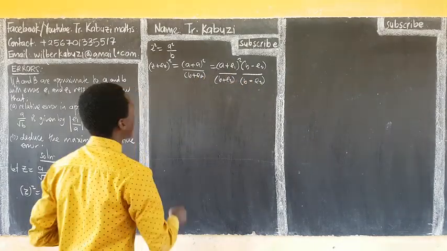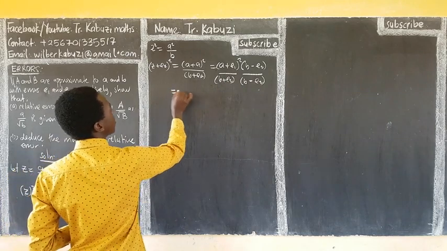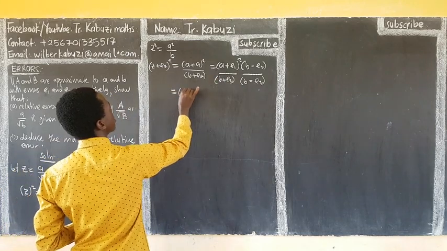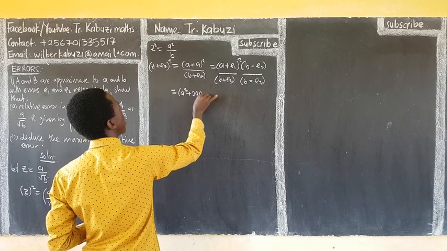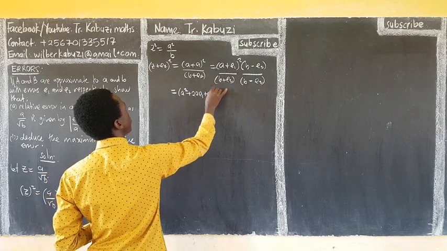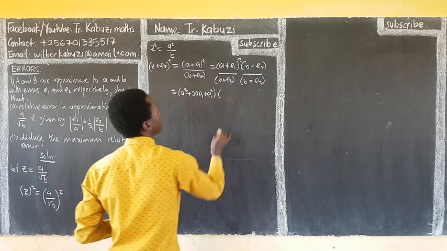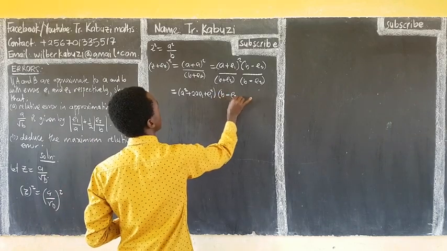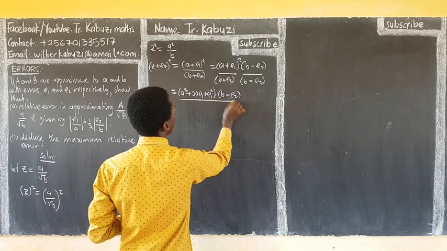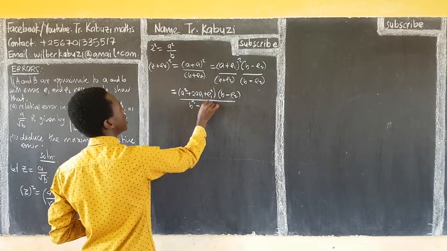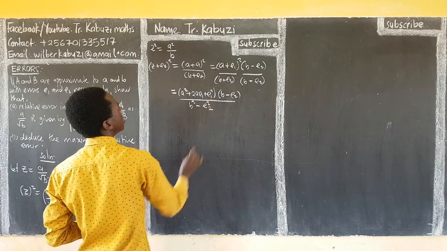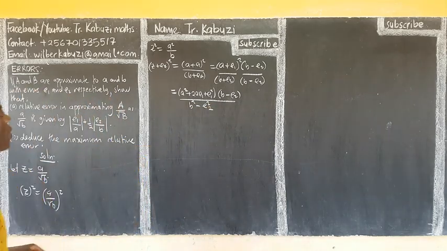So after we expand that, we get a squared, plus 2a e1, plus e1 squared, into (b minus e2), the whole here, and then here is the difference of the squares, which is b squared minus e2 squared. That's the difference of the squares.